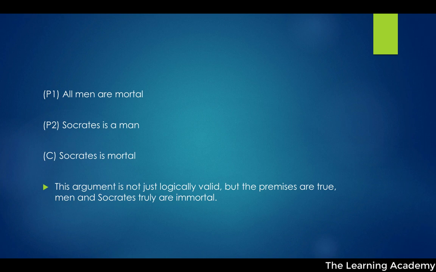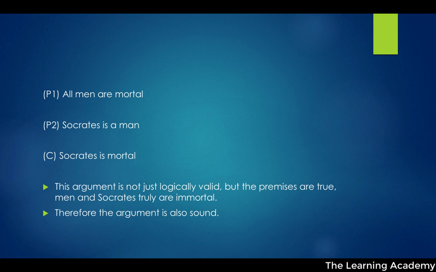All men are mortal, Socrates is a man, Socrates is mortal. That is the premise and conclusion argument. Obviously the premises are also true in reality, because all men are mortal, and Socrates being a man, we know that to be true. And so the conclusion, Socrates is mortal, is a perfectly valid and perfectly sound argument.